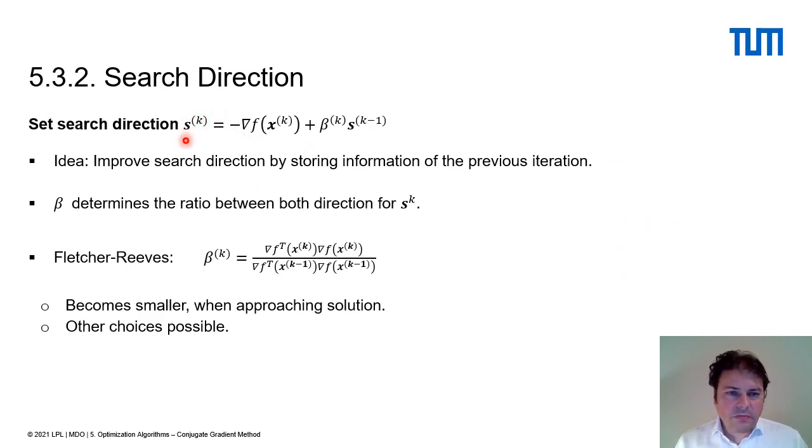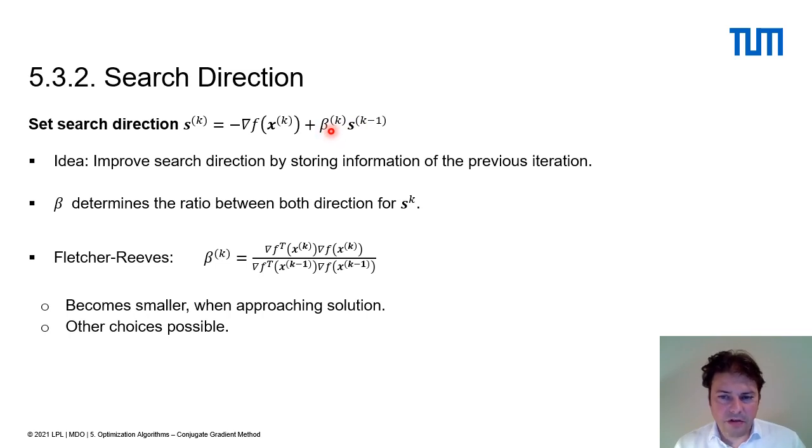So you could think of the new search direction as the negative gradient plus something that resembles a viscous term. You cannot arbitrarily fast change search directions. There is some memory of the old search direction of the previous iteration step, and how strong that memory is is quantified by this coefficient beta.